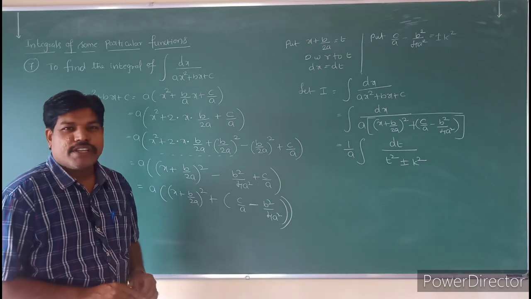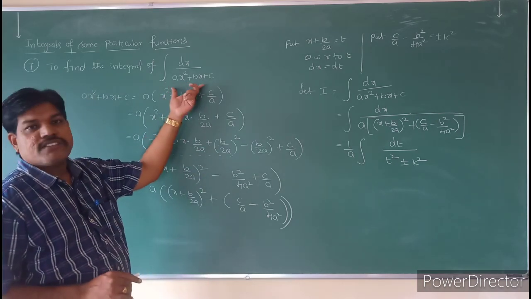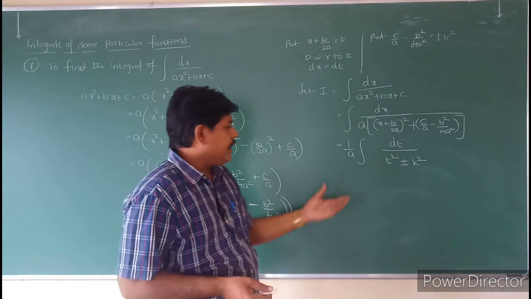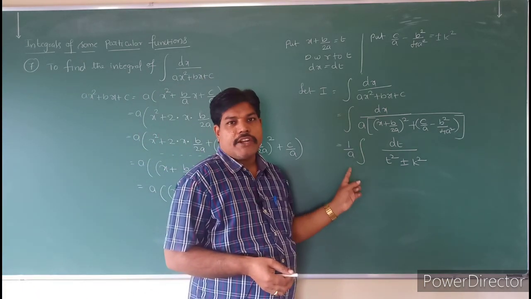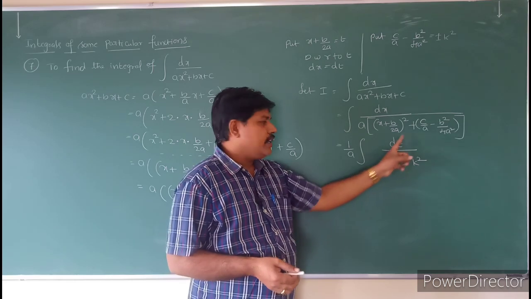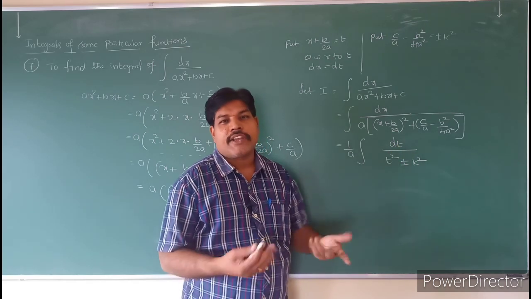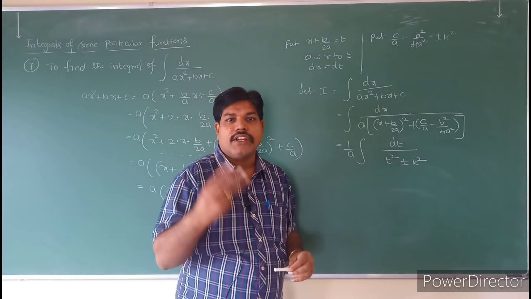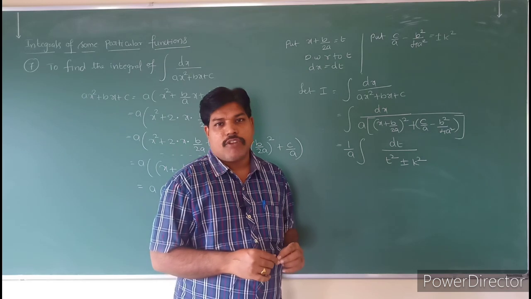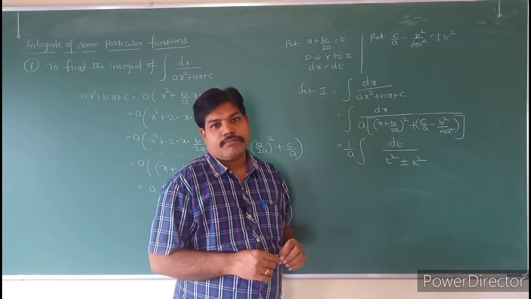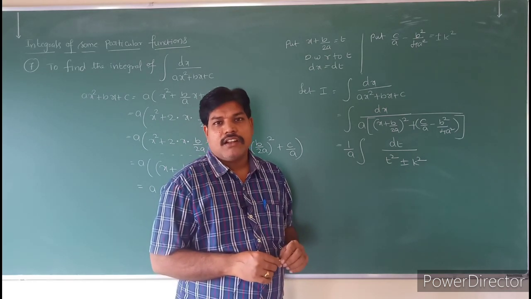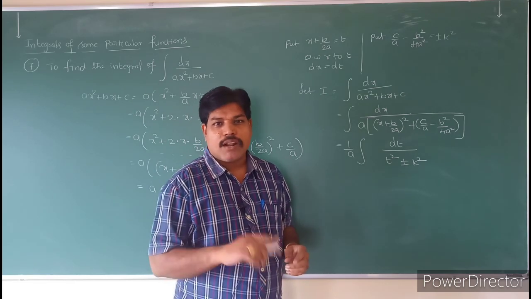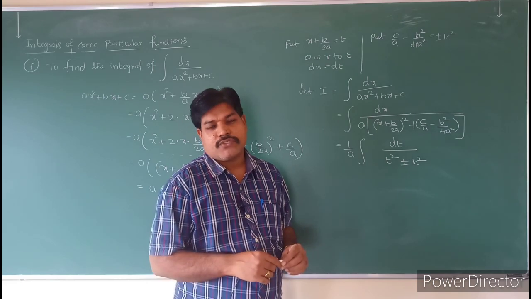So what you observed here, students, is that the given problem dx by ax square plus bx plus c is converted into this form, 1 by a into integral of dt by t square plus or minus k square. This form, I have already given 3 formulas: integral of 1 by x square minus a square, integral of 1 by x square plus a square, and integral of 1 by a square minus x square. So I have given 3 formulas.